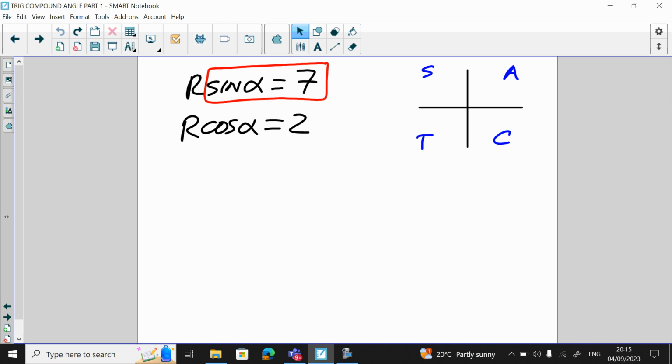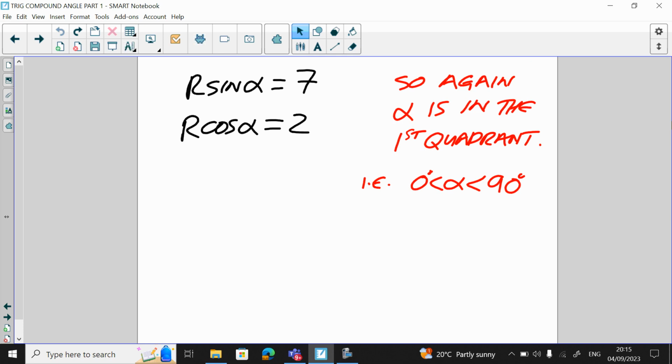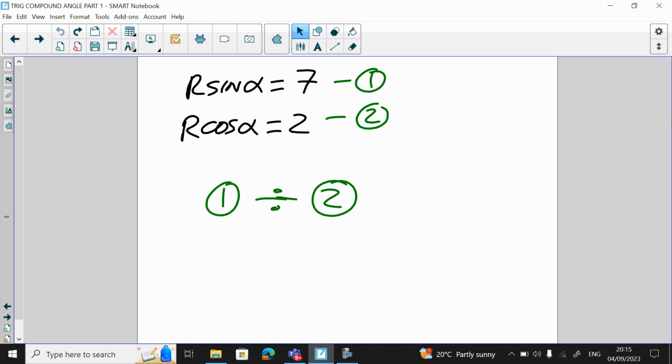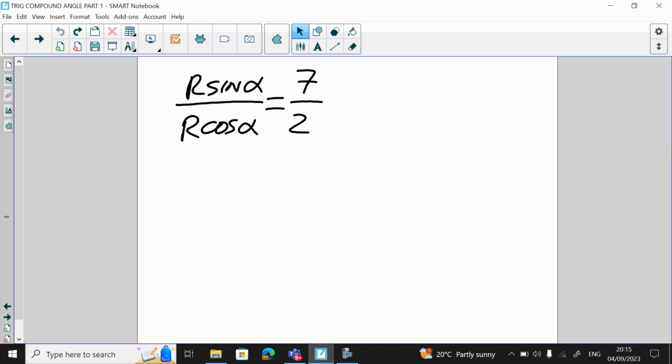Sin alpha is 7, it's positive, all in sine, A and S. Cos alpha is 2, positive, all in cosine. When I bring it back, we've got our 2 ticks here and here. So that means we have the first quadrant, 0 to 90. That's fine. Let's deal with these two. Sine over cosine, we know we're going to get rid of the R value.